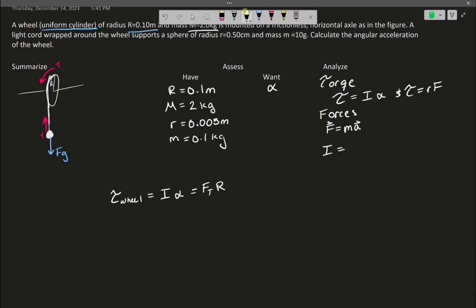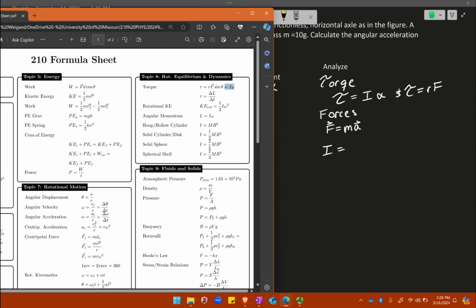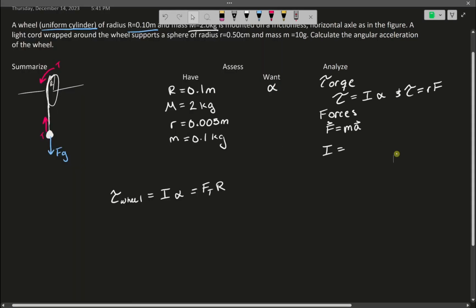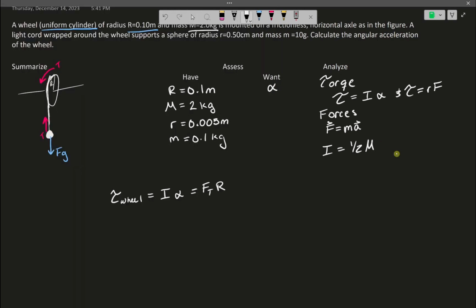So I need to figure out what my moment of inertia is going to be for this uniform cylinder. We have a hoop, we have a hollow cylinder. So this uniform cylinder is the same thing as a disk or a solid cylinder. So I'm going to use 1/2 m r squared. So my moment of inertia is going to be 1/2 m r squared. I'm going to go ahead and plug this in for my moment of inertia.